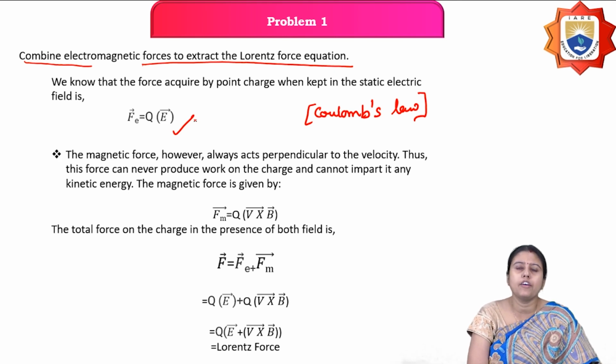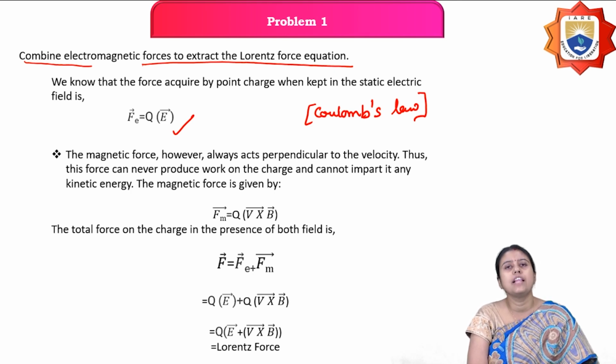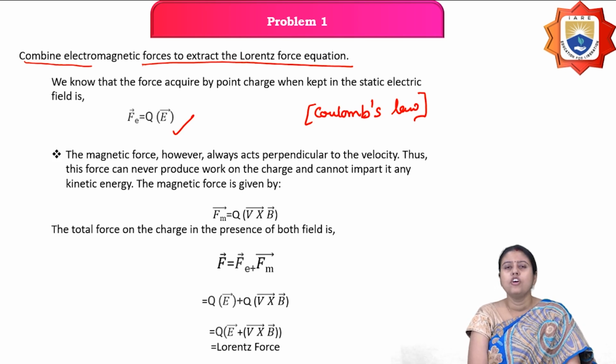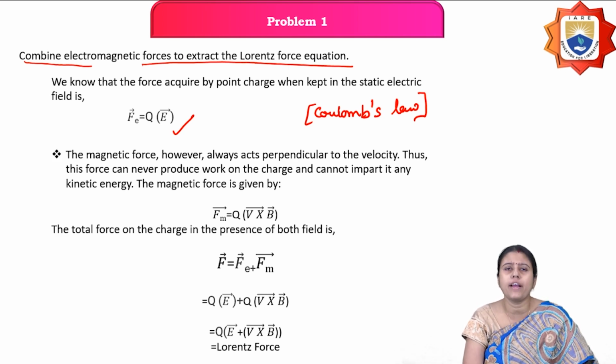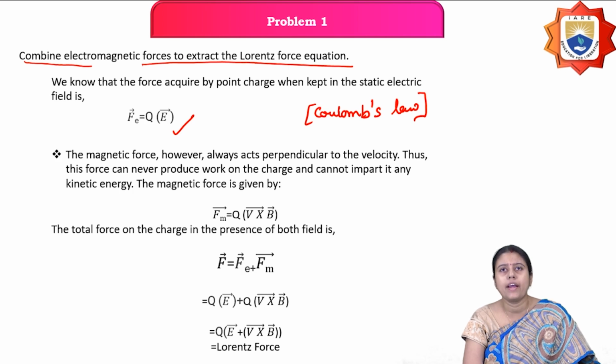Now the magnetic force. As this is an electromagnetic field, meaning an electric field with a superimposed magnetic field, if we keep one unit charge there, it will also feel some magnetic force.